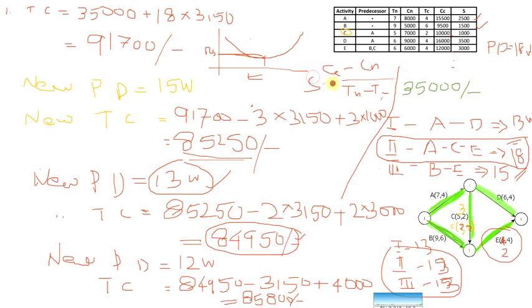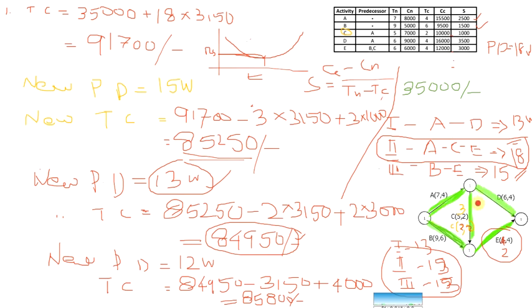Using this equation you will find these slopes. Then from the critical path you will select a critical activity for which the cost slope is the least, so that the project cost will be the minimum.